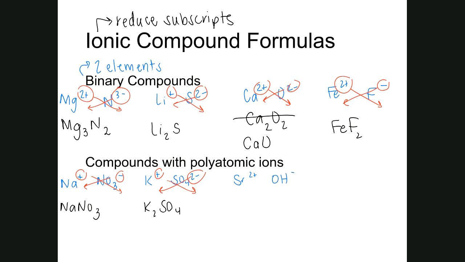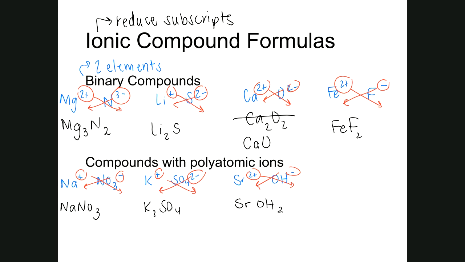So here, our subscript for the OH is now going to become 2. Normally we would think that we would just want to write it as SrOH2, but if we write it like this, it looks like the 2 only belongs to the H, when the 2 belongs to the entirety of hydroxide.